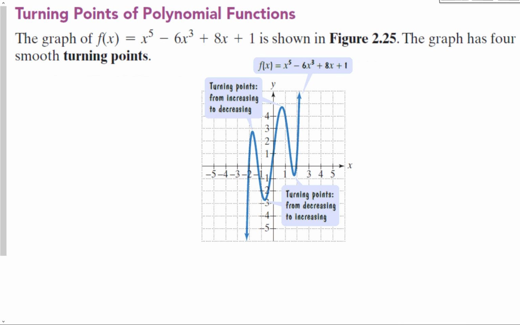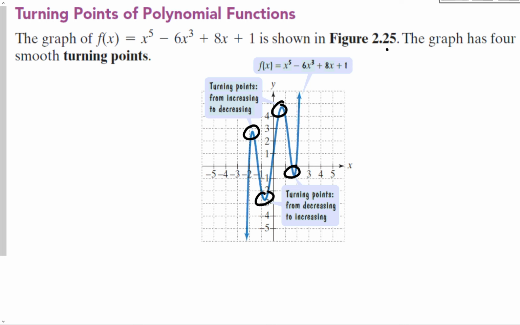Next, turning points. So the graph of a polynomial function, f of x equals x to the fifth minus and so on, is shown in my figure. The graph has 4 smooth turning points. 1, 2, 3, 4. Places where the graph changes direction.